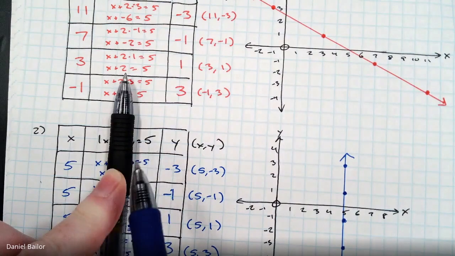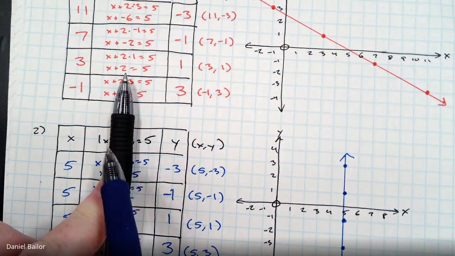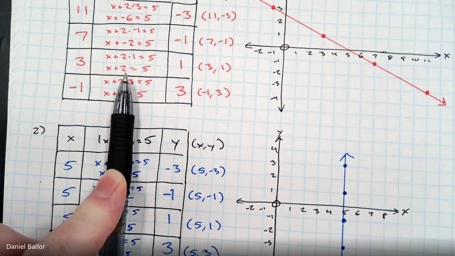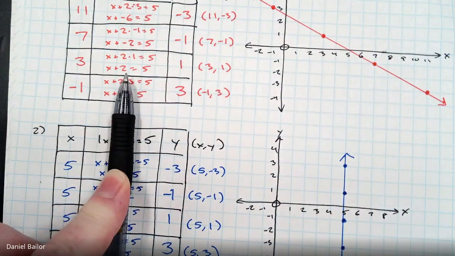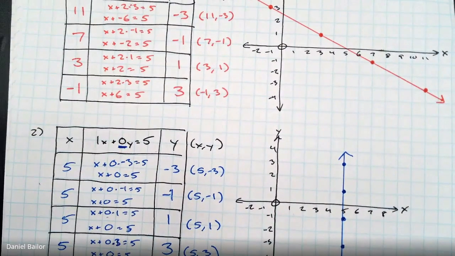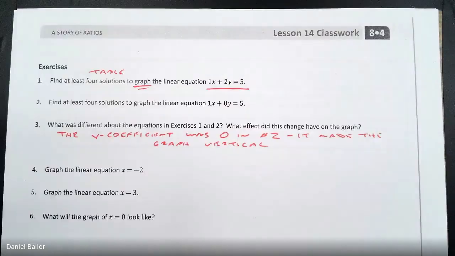So when we don't see y, when y goes away, we have a vertical line. When there is no y, we have a vertical line. So that is something we learned.